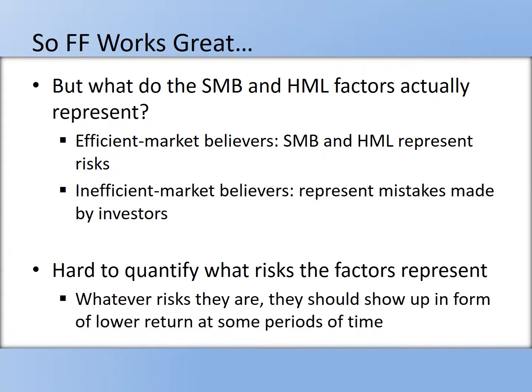One way of trying to figure this out is that whatever the risks are, they should show up in the form of lower returns in some periods of time. By the definition of risk, stock prices have to be lower at some point. Otherwise, it's not risk.